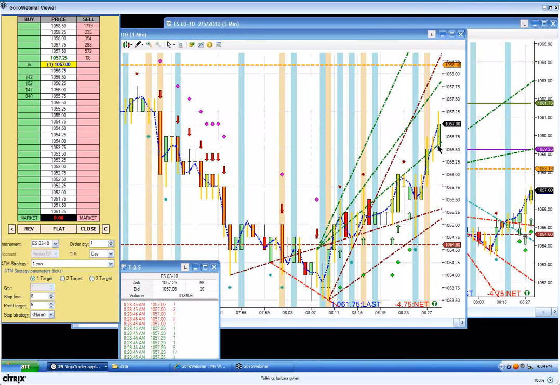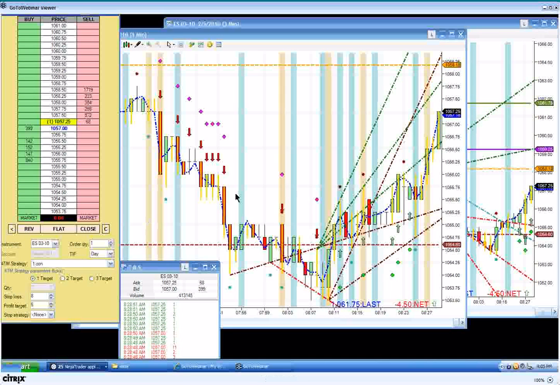As you can see, the candle is now penetrating through this fractal, and we have a second fractal line to tell us the potential place that the market could go to. See, it's bound between this range. Once it hits this fractal, the market will turn around and come back down to support.